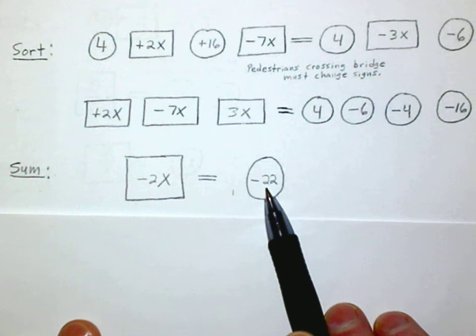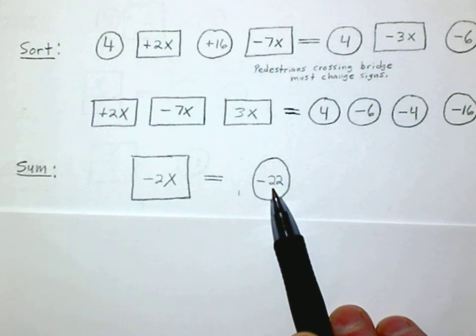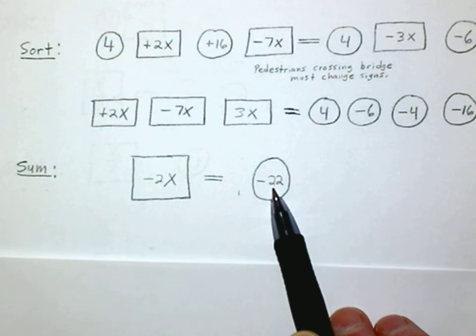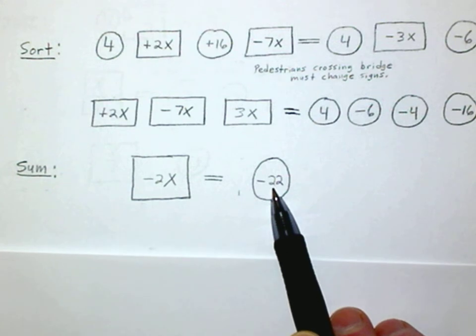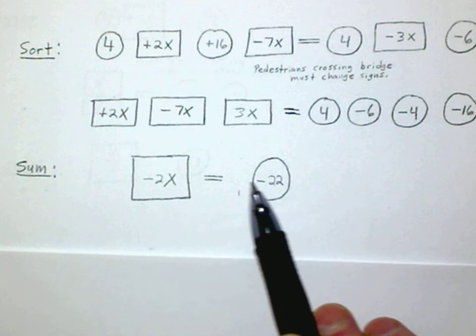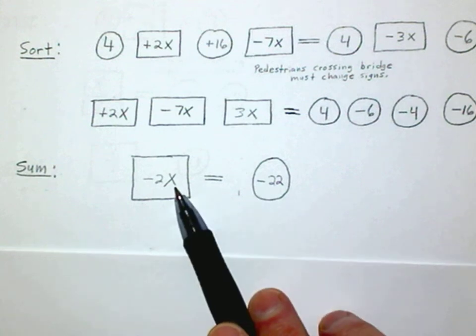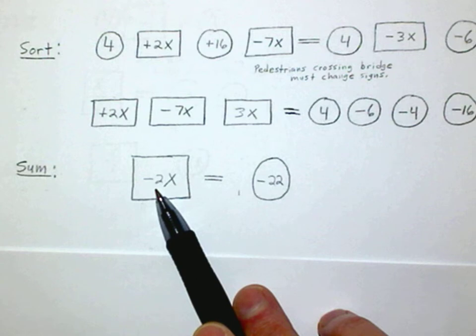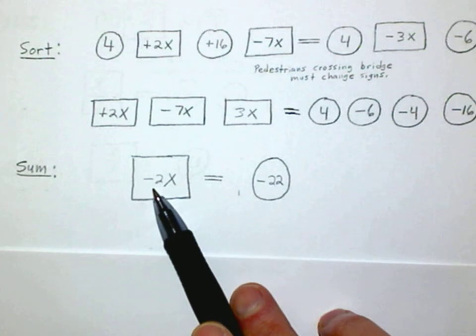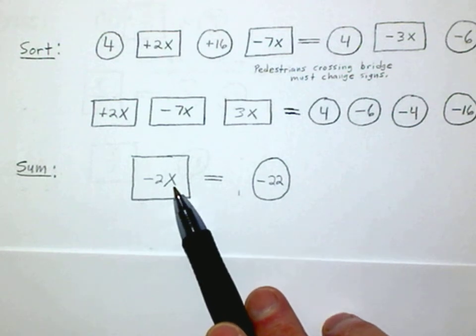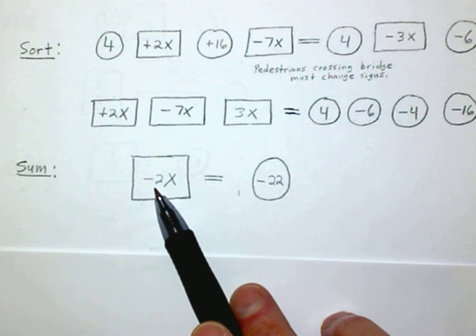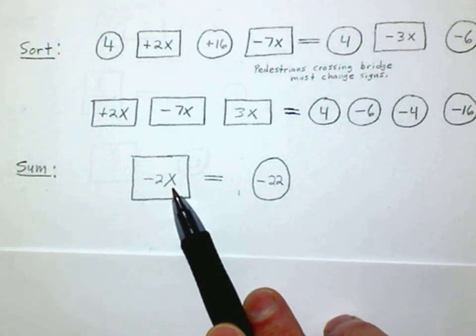Okay, so now that everything is summed and merged, now we're ready for our final step. Remember, our goal was to get the x all by itself. Well, right now it has a negative 2 attached to it. When we have a number in front of a letter, we are actually multiplying that number times that letter.